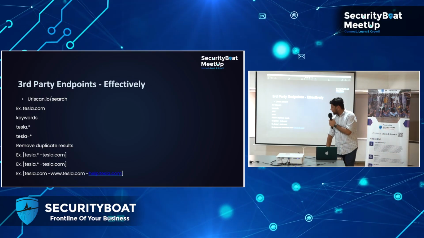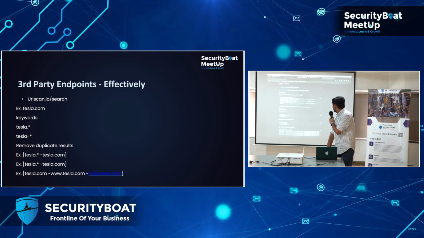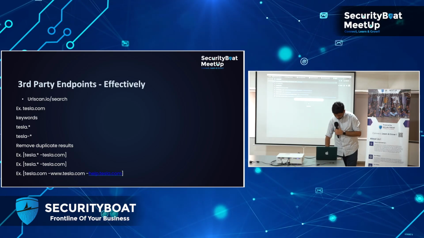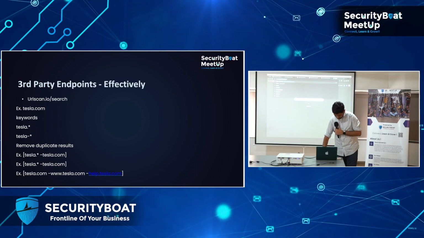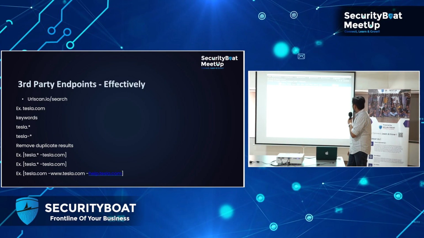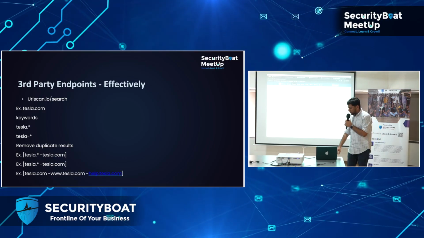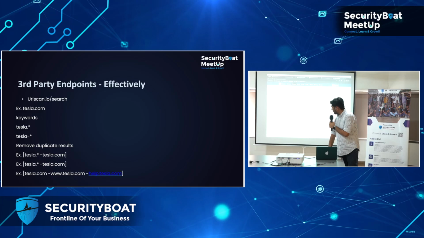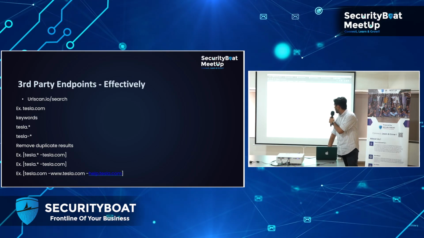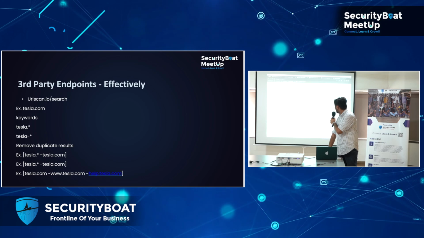And we are going to use a website called urlscan.io. All right, you can see for HackerOne, it's already listed over here. We are going to search for Tesla, and I'm going to search for tesla.star. Click on the search button.